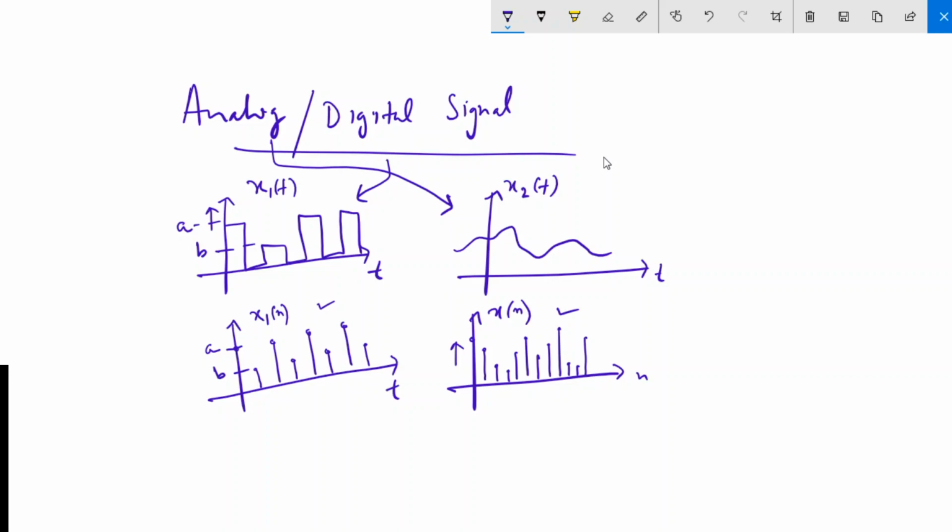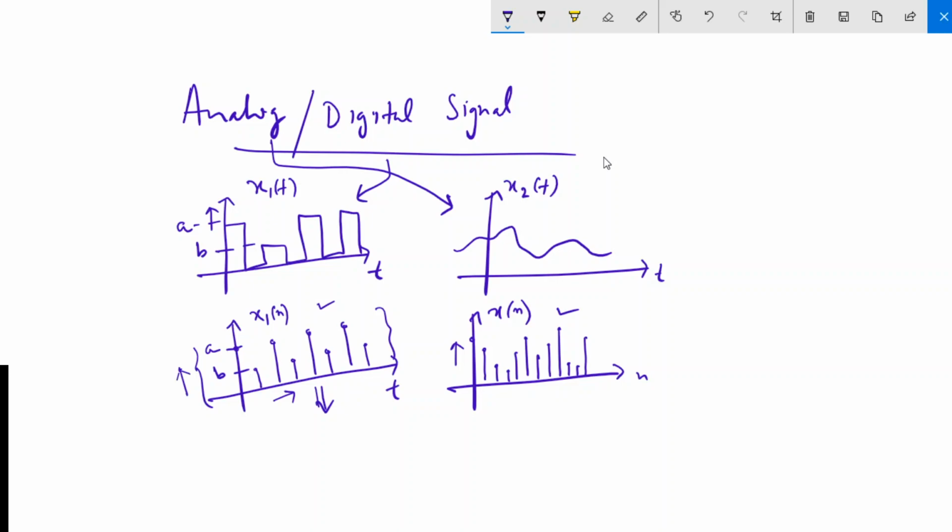This is a very important class of signals that we generally use in DSP, digital signal processing. It means the signal which we use for DSP processing is discretized in the time axis as well as discretized in the amplitude axis.